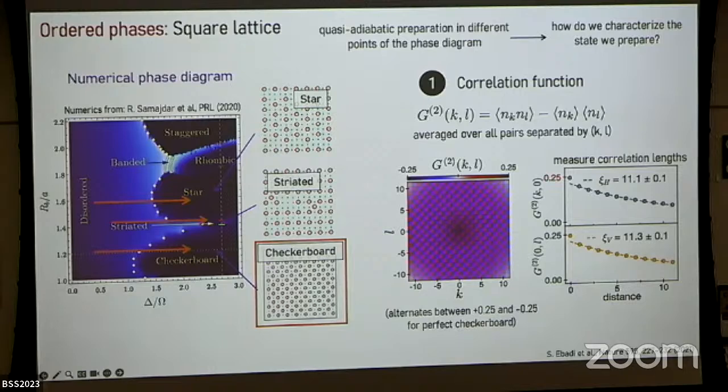It would be flat at 0.25, right? If you're in a perfect checkerboard. Why would it decay as a function of distance? Why wouldn't it just be 0.25? Why would it be 1, if you're subtracting it?